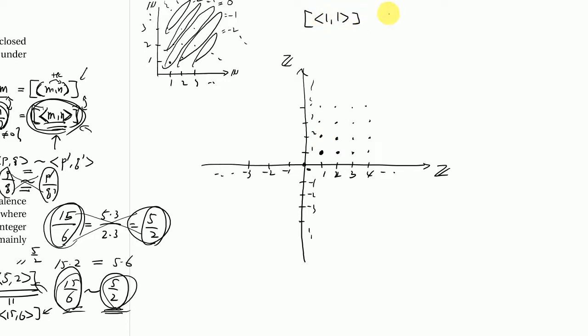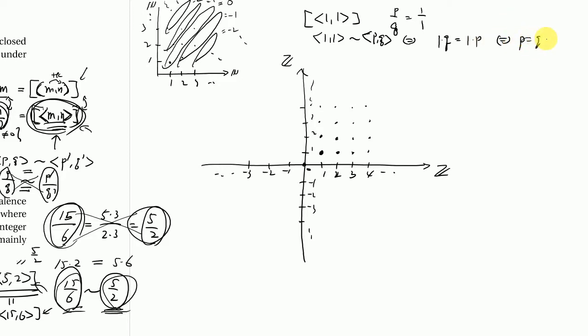We are looking for p over q the same as 1 over 1, or more officially, a relation where 1 times p equals 1 times q, which means p equals q.